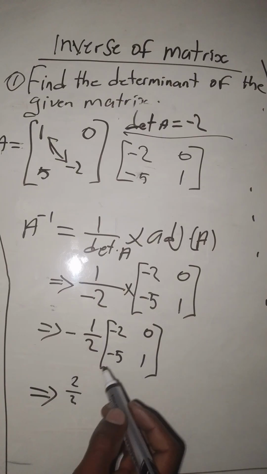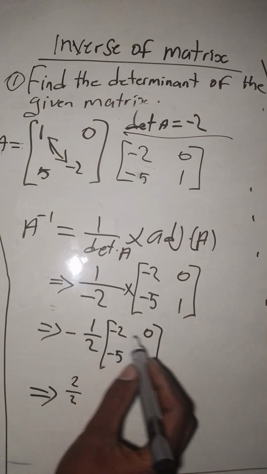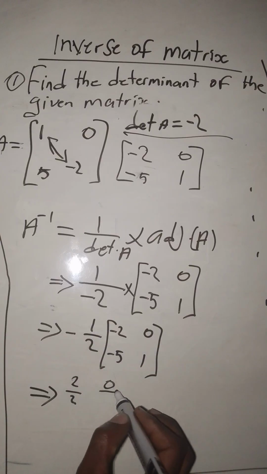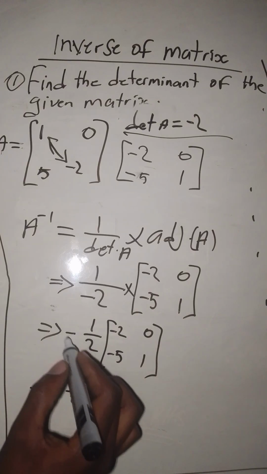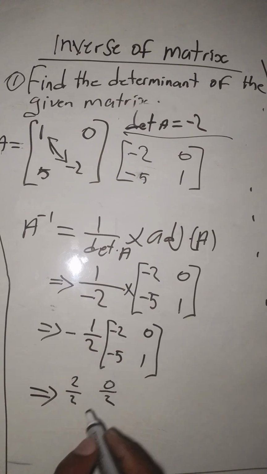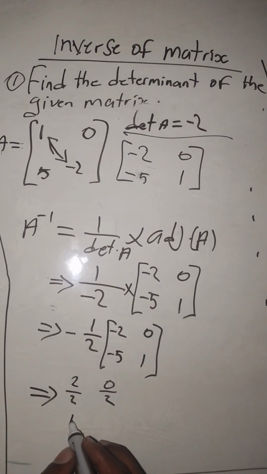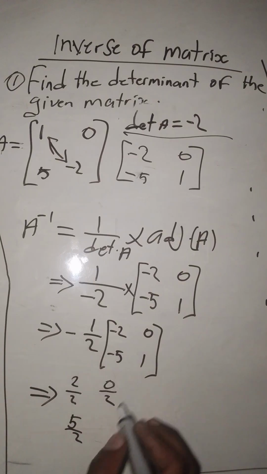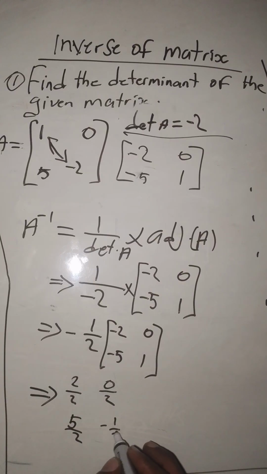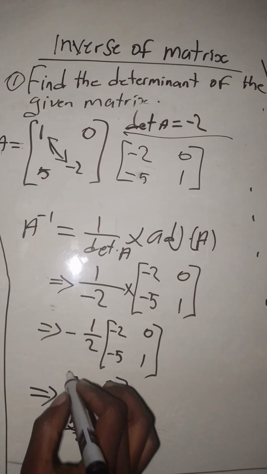Then here we have 0 over 2. Then 1 times 5, with the negative, we have 5 over 2, and negative 1 over 2.